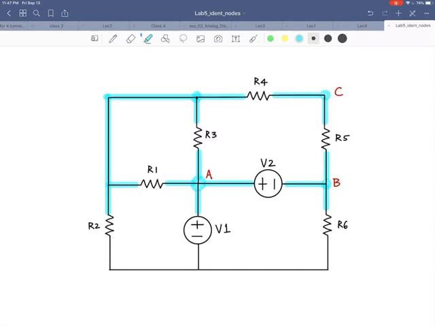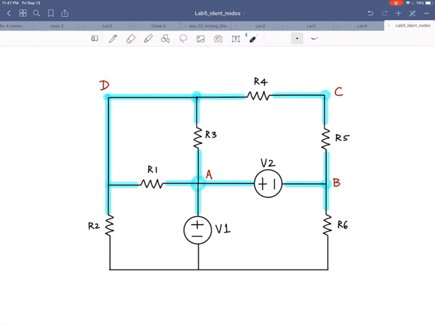So all that is going to be node D. And it is not very obvious the way R1 and R3 are drawn, but because R1 and R3 share nodes A and D, they are in fact two parallel resistors.